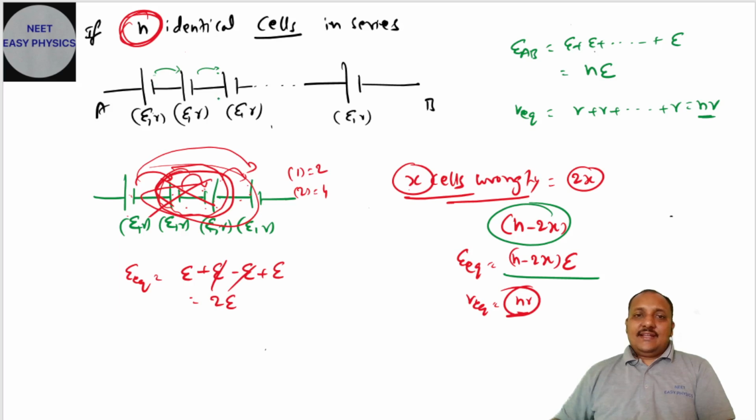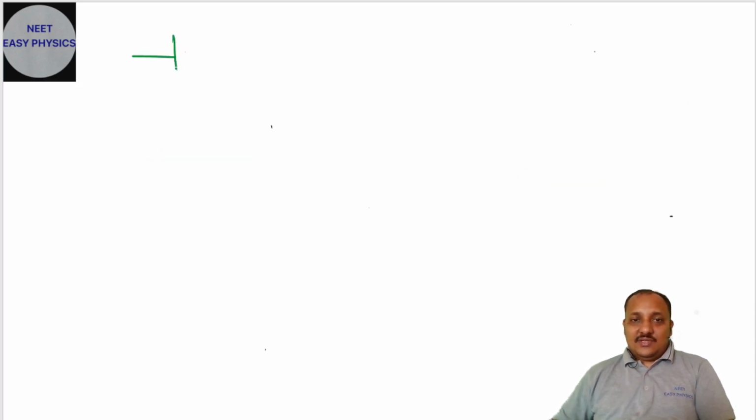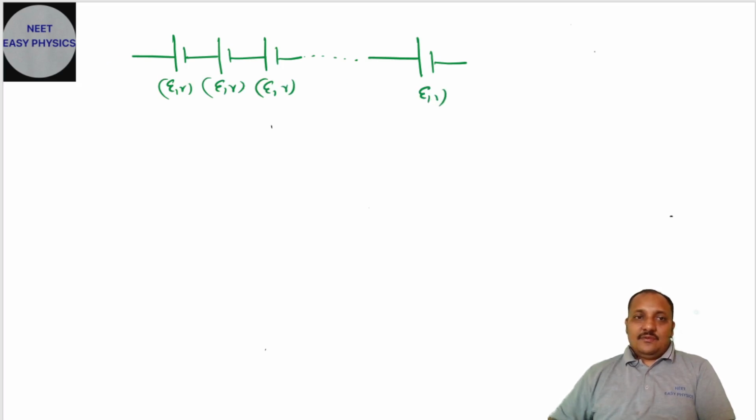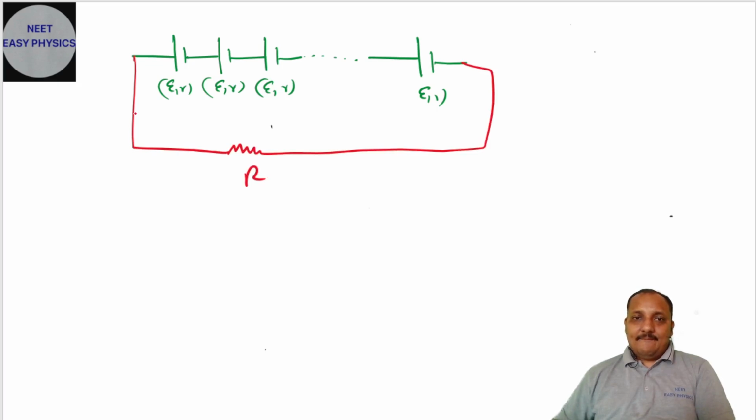Now, all these N identical cells are connected correctly to an external resistance capital R. Then they are going to ask what the current passing through that capital R is. How many cells are we connecting? N cells, each with EMF small e and internal resistance small r, connected to external resistance capital R. Now this will convert into a simple cell.